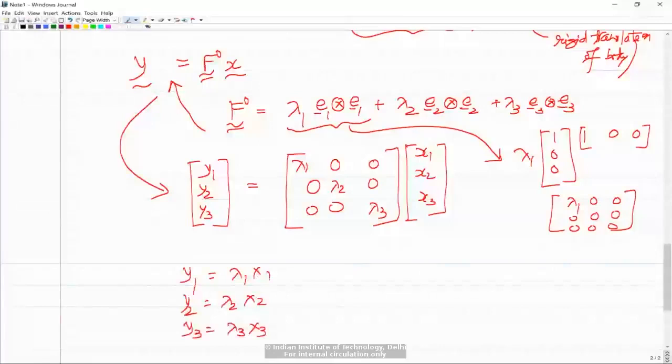If I want to draw this pictorially, you can think of, let us say, a coordinate system, and then you have a cuboid, suppose.